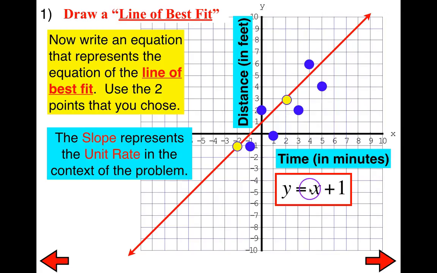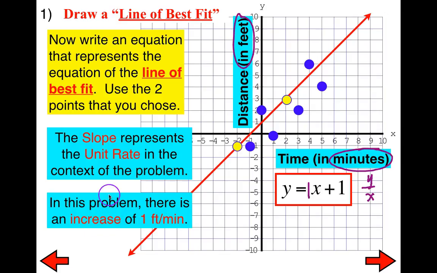First of all, a friendly reminder, there is a 1 technically here. So what's happening? Well, if my slope is 1, my unit rate is also 1, but 1 what? Remember, our ratios are always set up as y over x. So this would be 1 foot per minute.